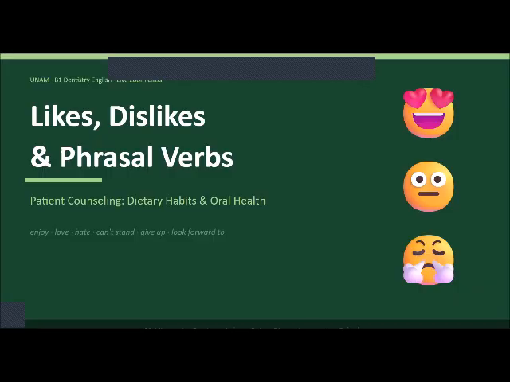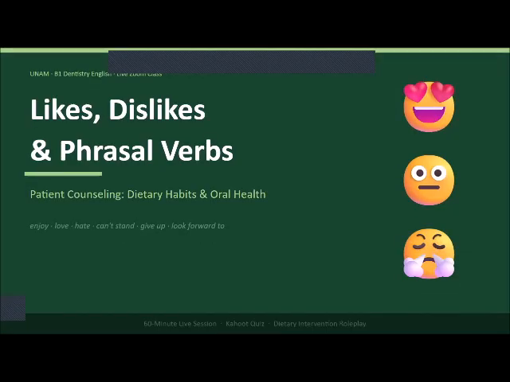Now, we are going to be wrapping up Unit 4 today, and we're going to be looking at likes and dislikes, but we're also going to make sure that we practice the use of phrasal verbs. You started getting a glimpse last class when we were looking at our gerunds, and you also saw the combinations with prepositions.